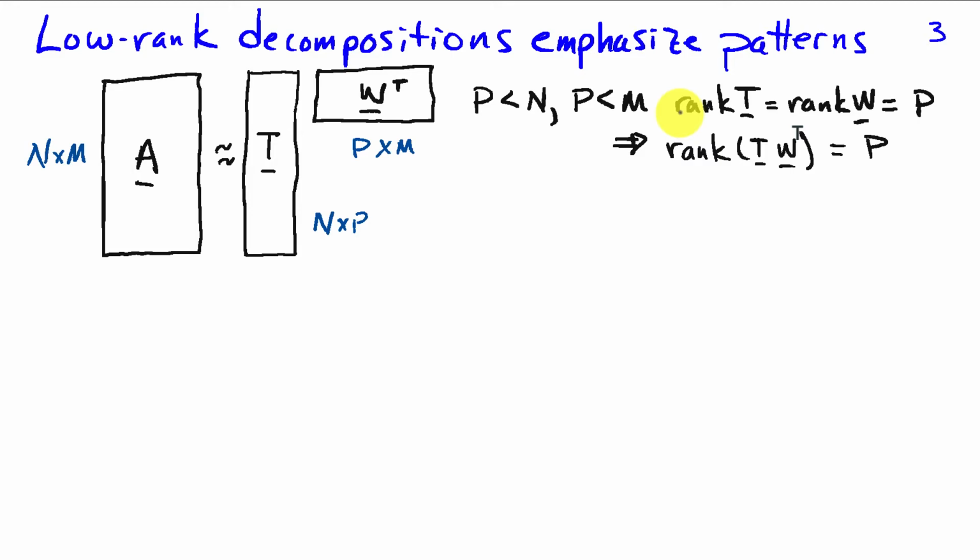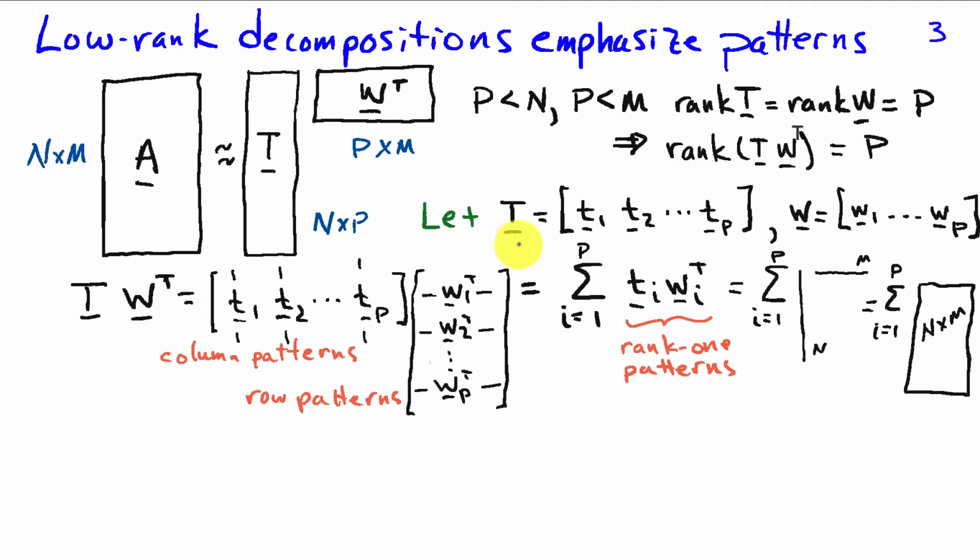Now, if the rank of T and the rank of W are both p, then the rank of this product T times W transpose is also p. And in general, A could be rank as large as the minimum of n or m, so p, being much smaller than those, represents a low-rank approximation or a low-rank decomposition of the matrix A.